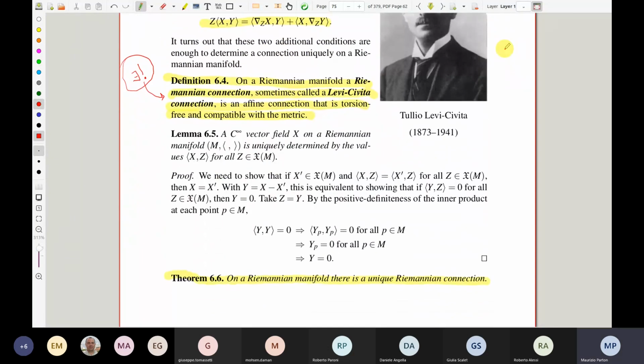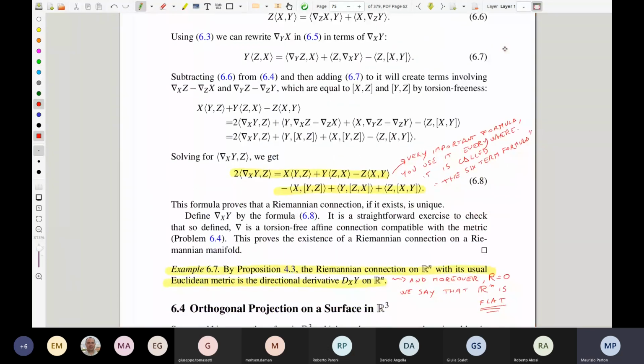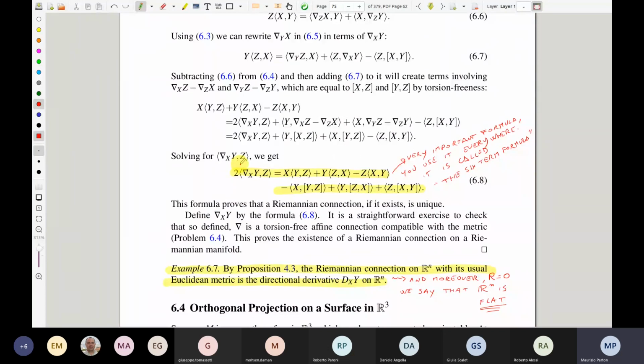In the proof that there is a connection compatible with the metric, it's very nice because the proof shows that if such a connection exists, that connection must satisfy this formula, where you see here there is the connection and here there isn't the connection. If the connection exists, it must satisfy this formula. What does it mean?